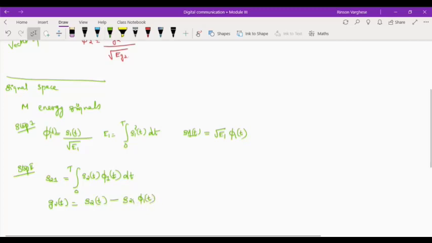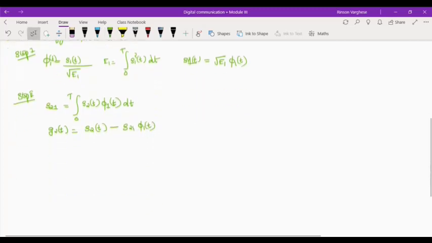So G2 of t is orthogonal to phi 1 of t, because G2 of t is constructed from the signal S2 of t by subtracting the contribution the first basis has in that signal.